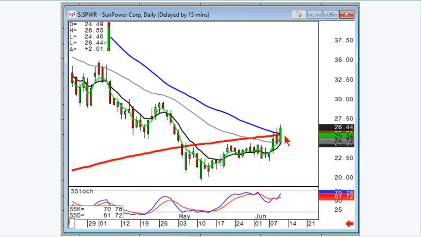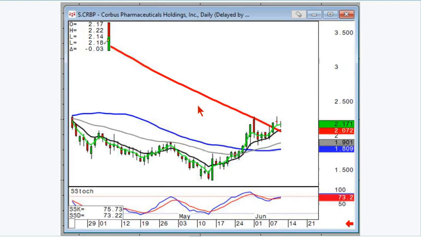SPWR, that one you could be buying also, coming up through the 50. CRBP, kind of a double doji setup, yes.